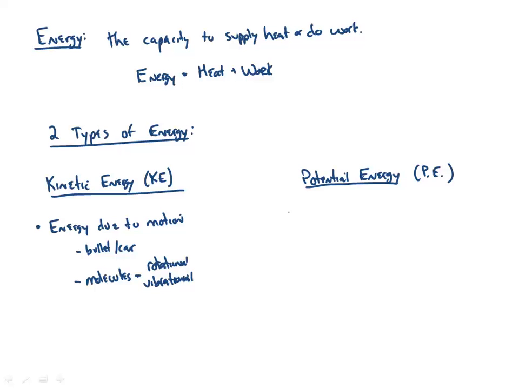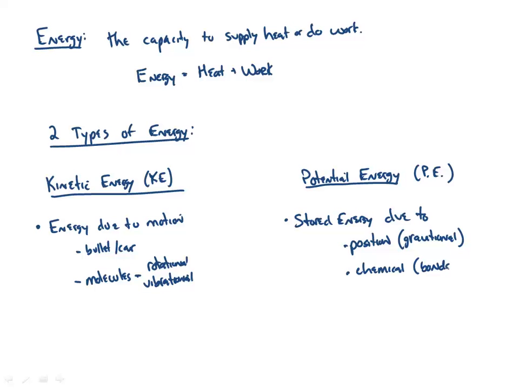And then potential energy is basically stored energy due to either position, which is what physics would call gravitational, and also chemical energy, meaning stored in bonds. And obviously we're going to stick towards that second definition, storing the energy in bonds.